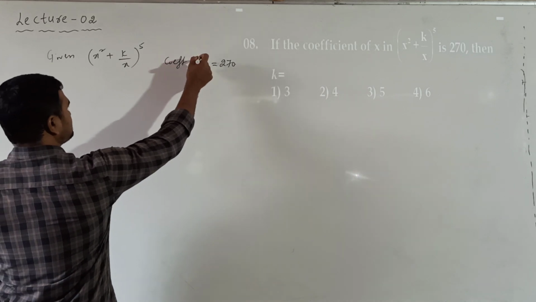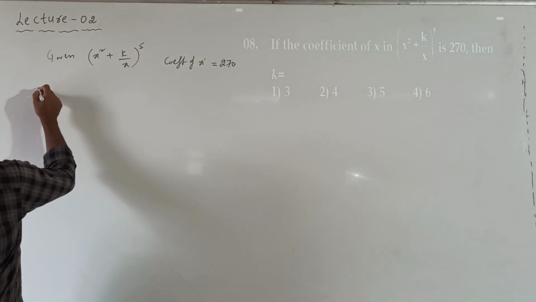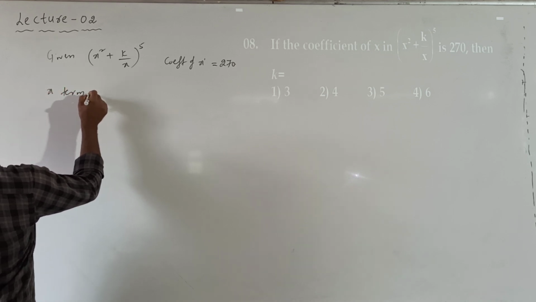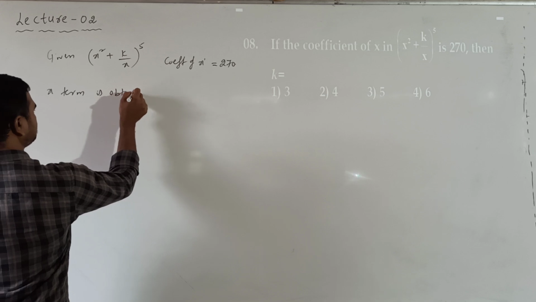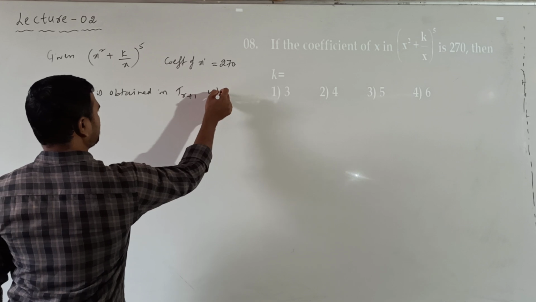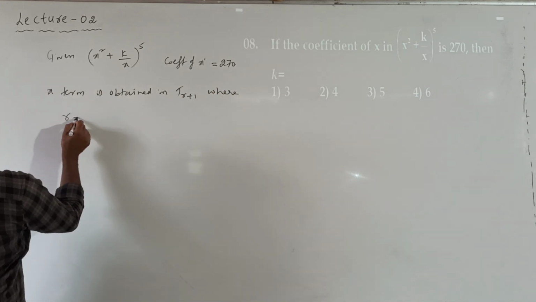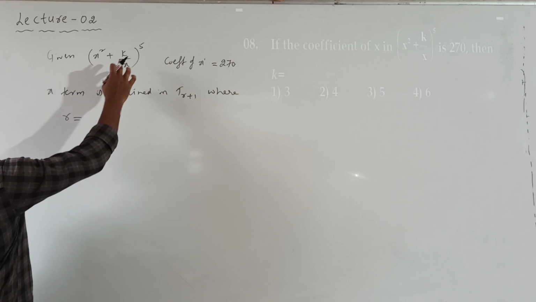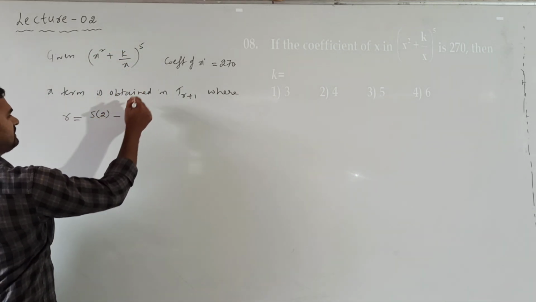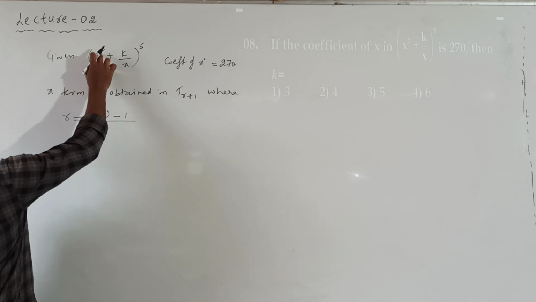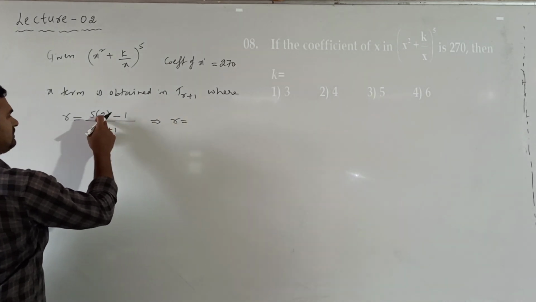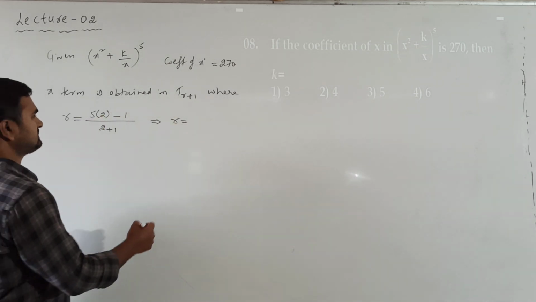The coefficient of x means it is x power 1, so the x power 1 term is obtained in t r plus 1, where r is, so what is r now? N into p, 5 into 2, minus m is 1, divided by p plus q, 2 plus 1. 10 minus 1 is 9, 9 by 3 is 3.